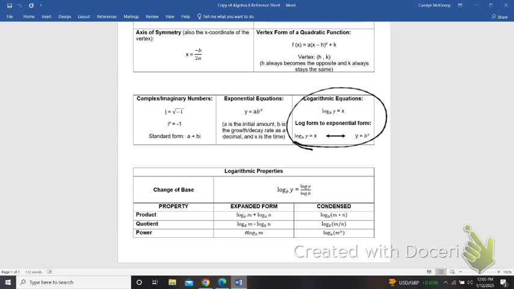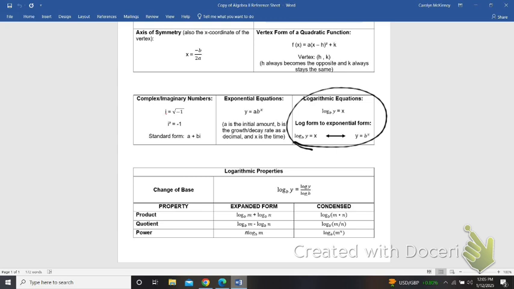And so you will have that as a reference when you're answering these questions, along with the log properties below. I hope those should be very helpful reminders. I may refer back to this, and if I have not given you this, please ask me for it before the quiz, but I should remember.